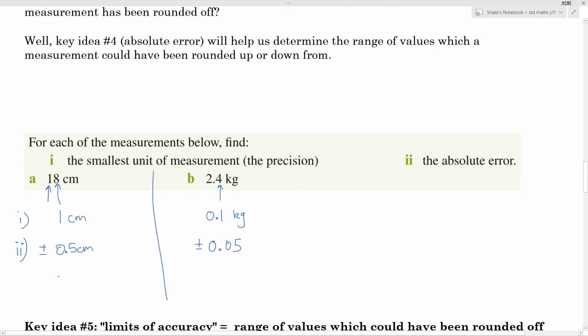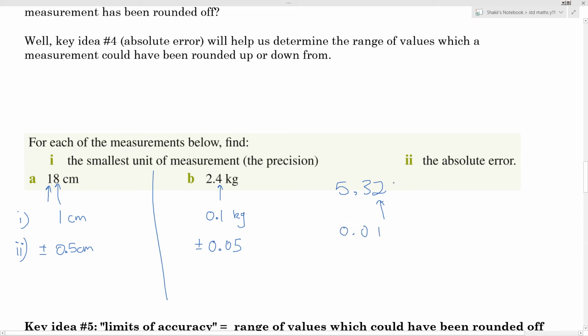Okay? And so, precision is the smallest unit on a measuring device. And if you already have a measured value, then you just look at the last place value given. So if for example, you were given 5.232, then for the precision, you'd look at this number, and you'd make this 0, you'd make that 1. So 0.01.